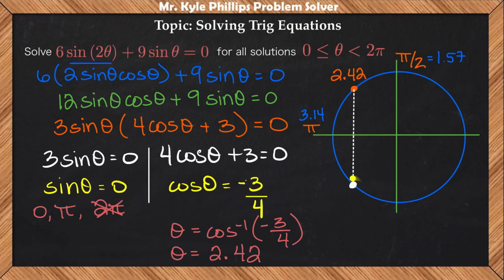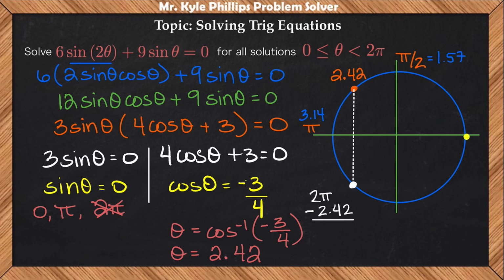So I need to figure out, what is this radian? Well, the easiest way to think about this is I could say 2 pi minus 2.42. Which intuitively makes sense, because if I start here and I walk 2.42 radians, I could do the same thing here. I could start here and walk backwards. But you have to think, if I've gone all the way around the unit circle, I'm here at 2 pi.